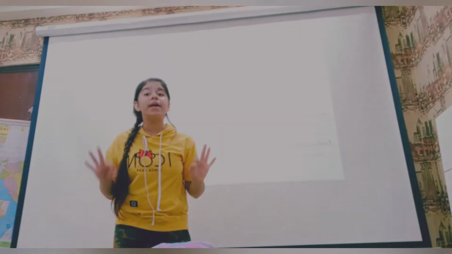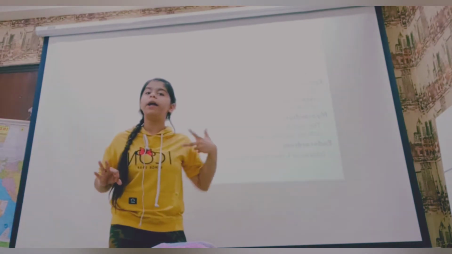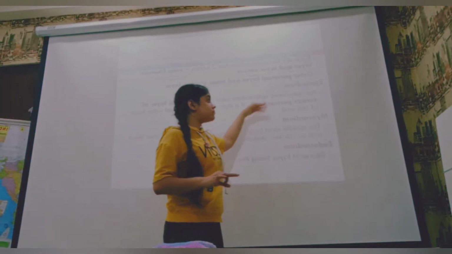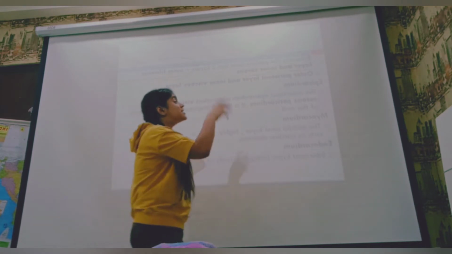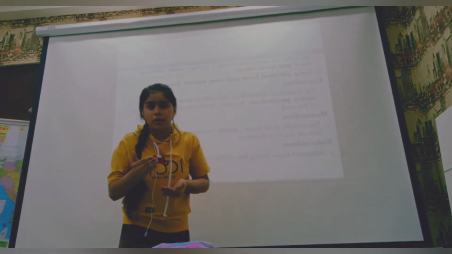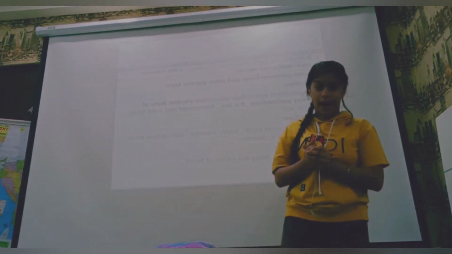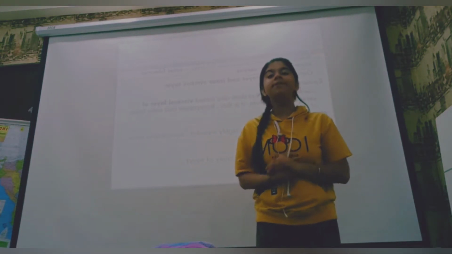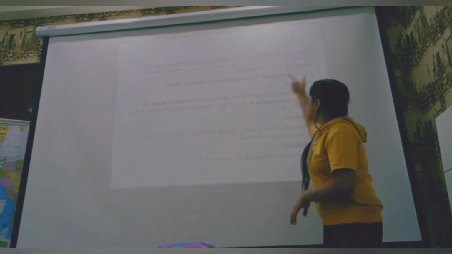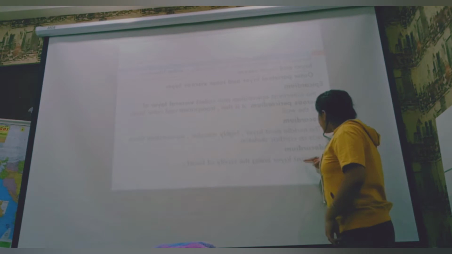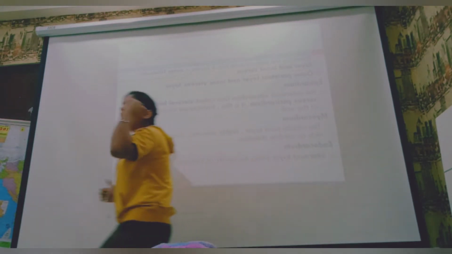It has 3 subdivisions: endocardium, myocardium and epicardium. Epicardium is the outermost layer. The myocardium is the middle layer, and the endocardium is the innermost layer.